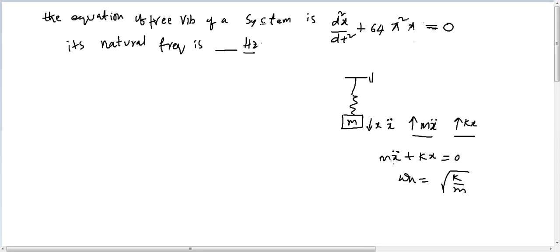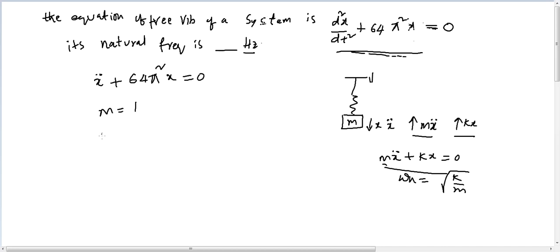If we compare this equation with this one, this is nothing but x double dot plus 64 pi square into x is equal to 0. The mass m is equal to 1 here, and k is 64 into pi square.